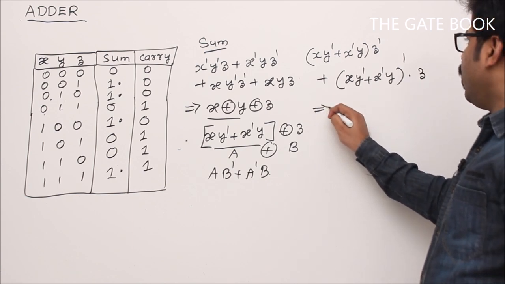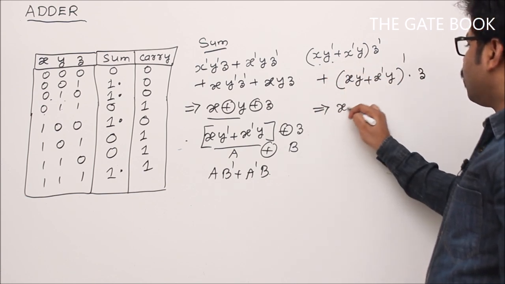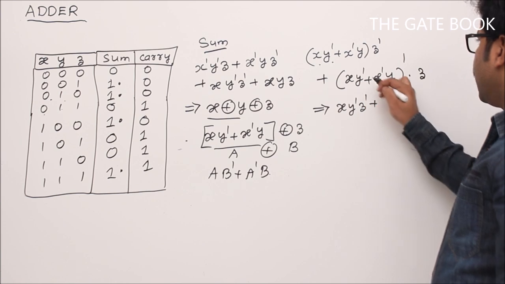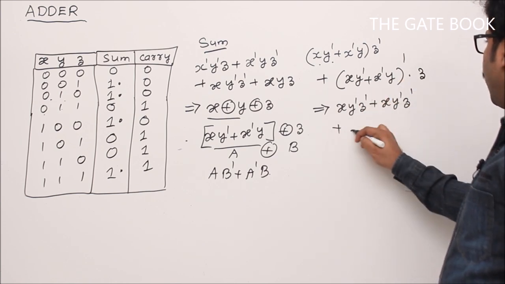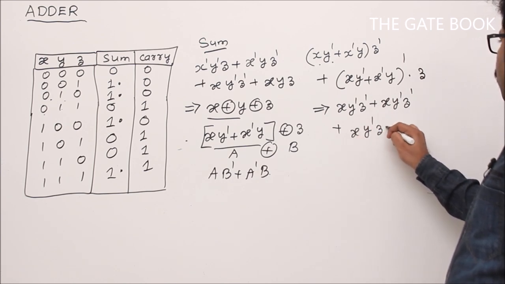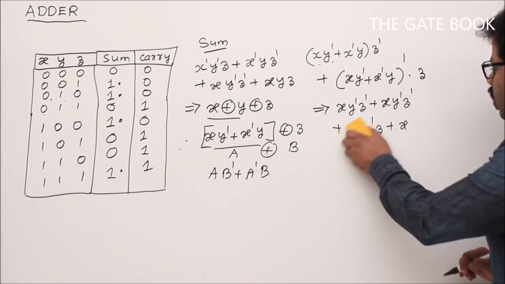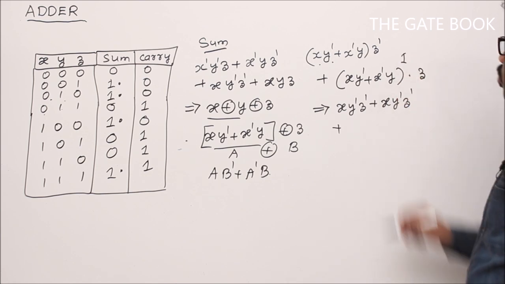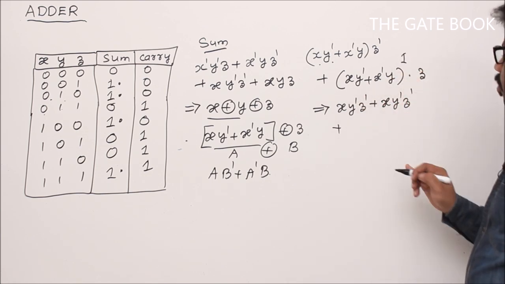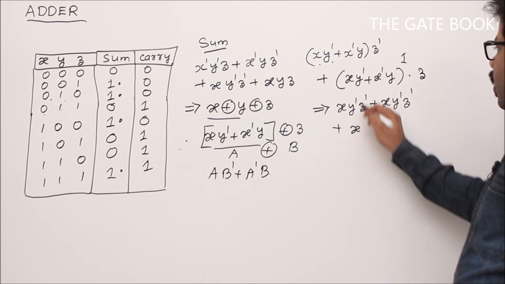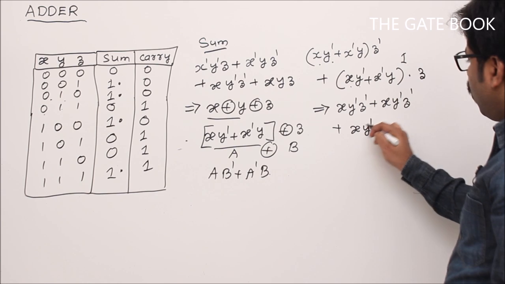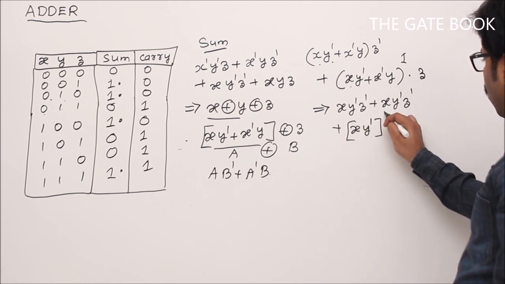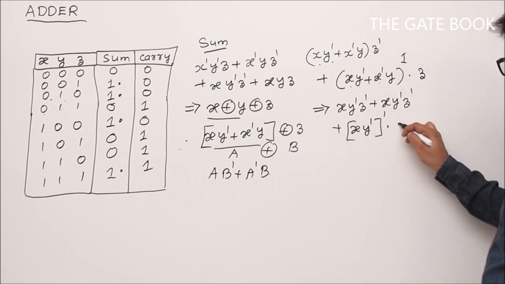Now if I simplify, you get here x y bar z bar plus x bar y z bar plus, sorry, here there is a complement, right? When you have a complement, a plus b whole bar is a bar into b bar. A bar is here x y bar whole bar, so x y bar whole bar into x bar y whole bar.